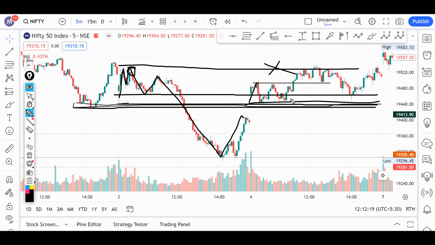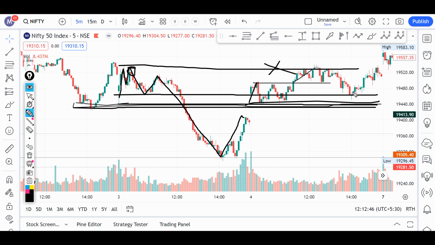Now I know there is a range which has been played right now, and the range will have impact till the time it is not broken. If I take an entry here, how much profit do you need whenever you're trading option buying? You look at 20 points, 30 points, 40 points.